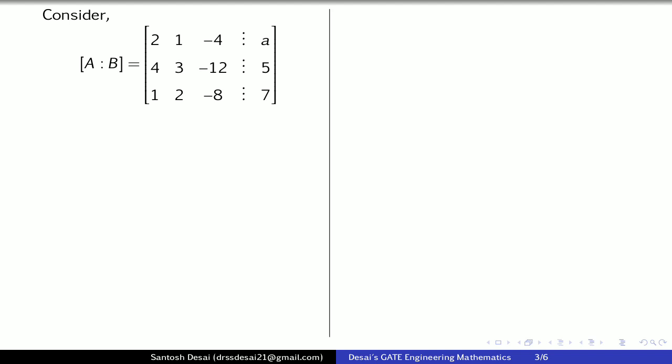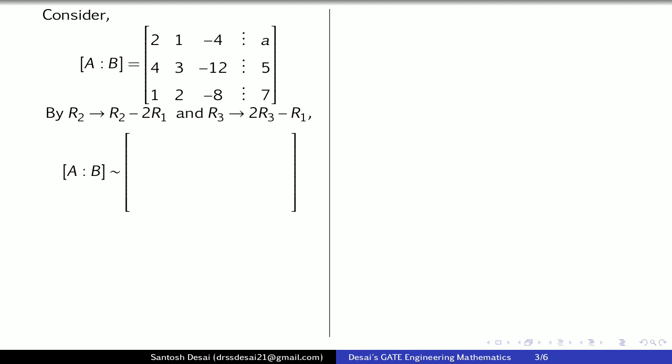Now, using the first element 2, we bring zeros in the first column. So for this, we use the transformations R2 changes to R2 minus 2 times R1 and R3 changes to 2 times R3 minus R1. So with this transformation, the above matrix takes the form.